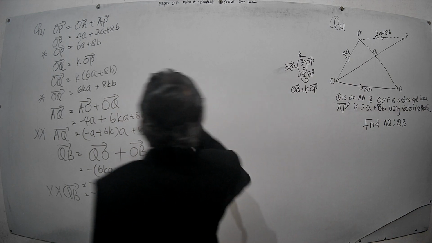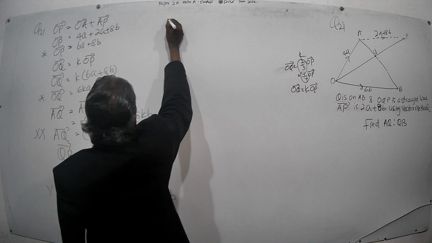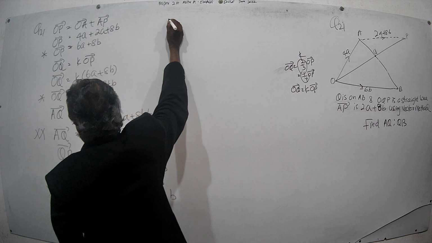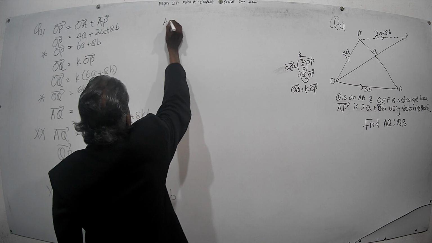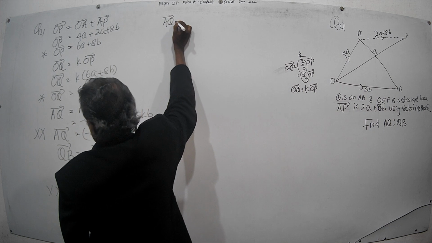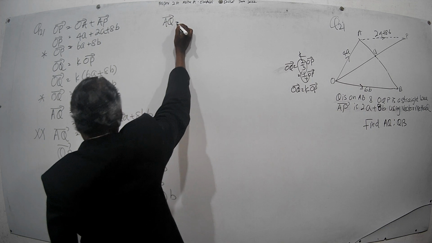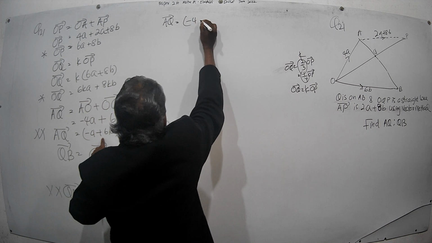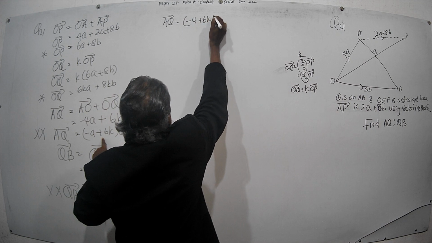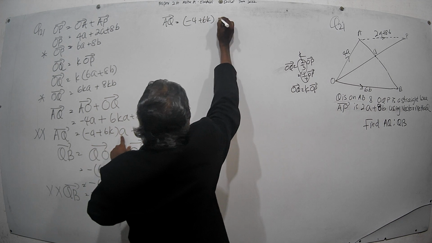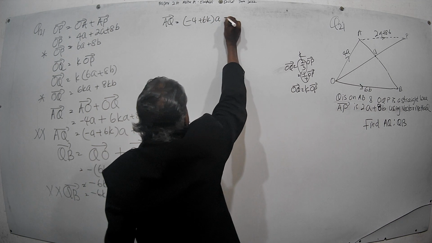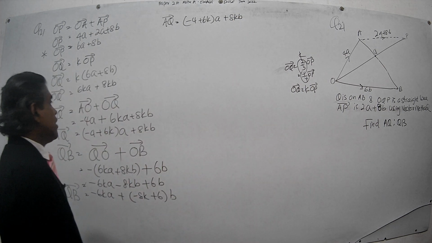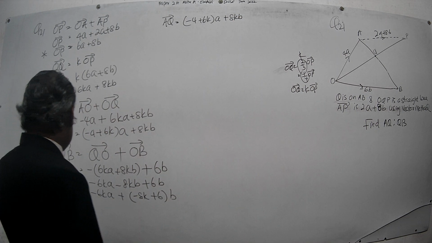Now you write first AQ vector. AQ vector equals, within brackets, minus 4 plus 6k, A plus 8kB. That is AQ vector. Now you write QB vector.